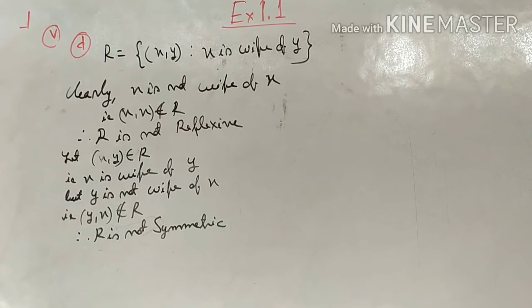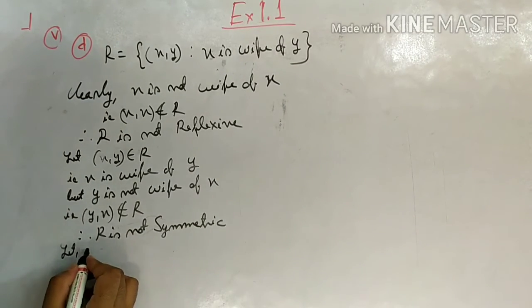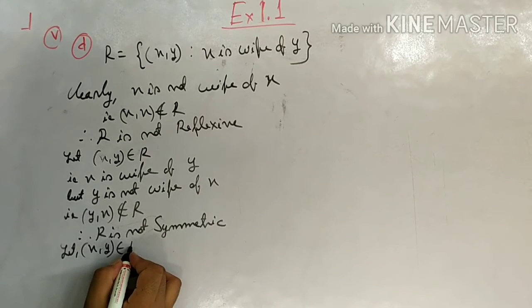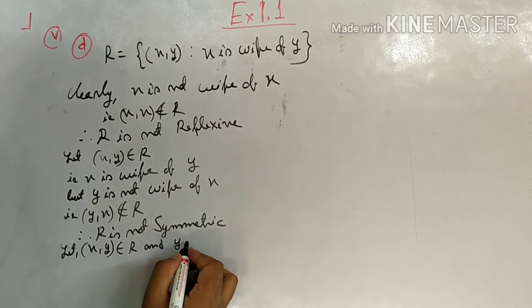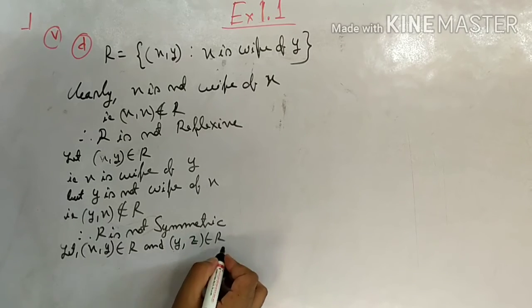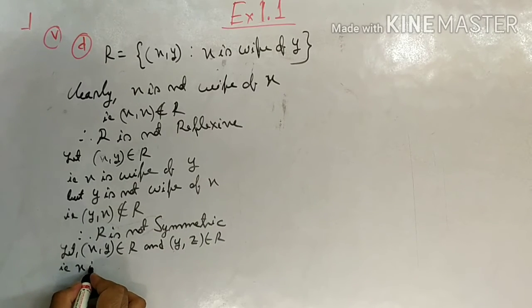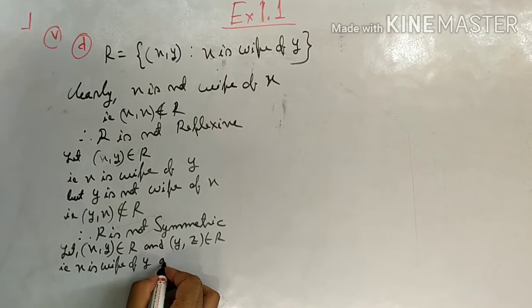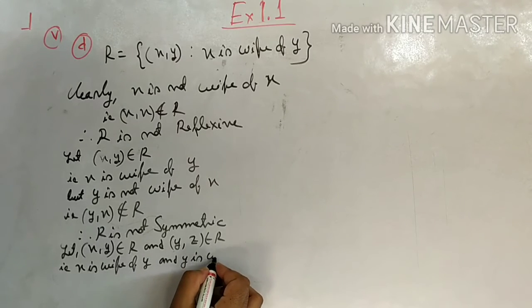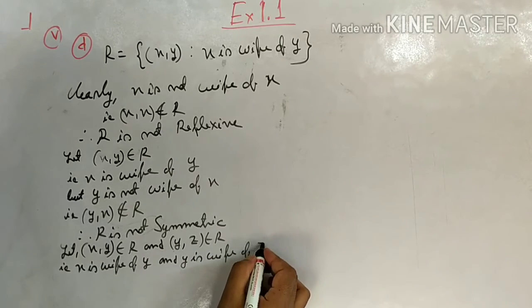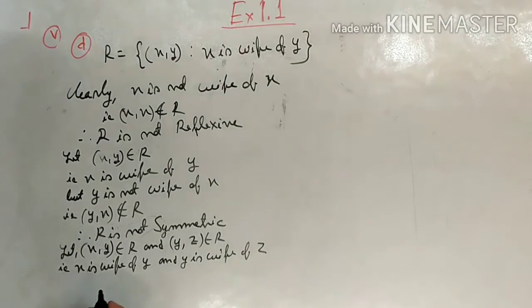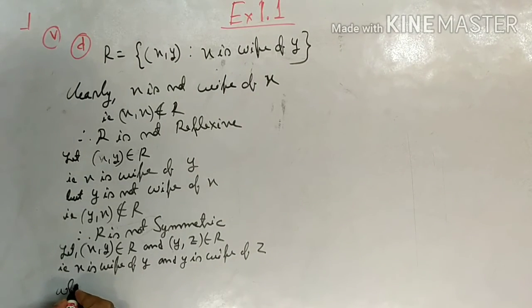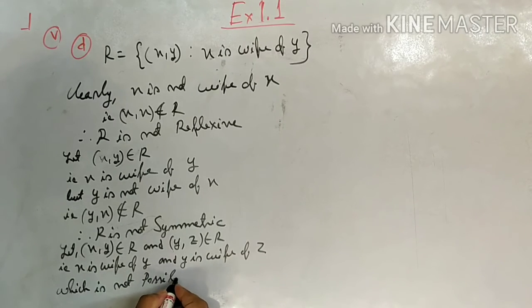Again let (x, y) belong to R and (y, z) belong to R. Therefore what? x is wife of y and y is wife of z, which is not possible because a husband can never be a wife of another person.